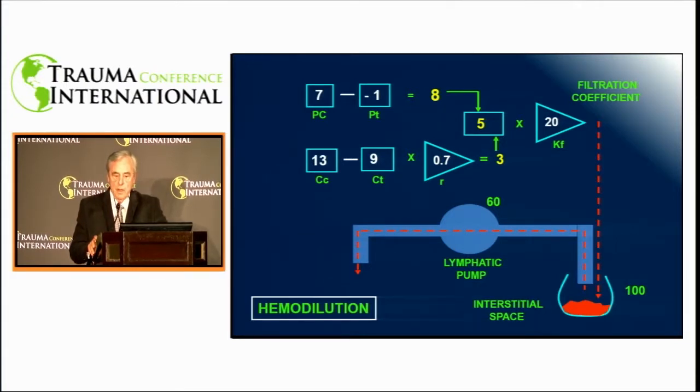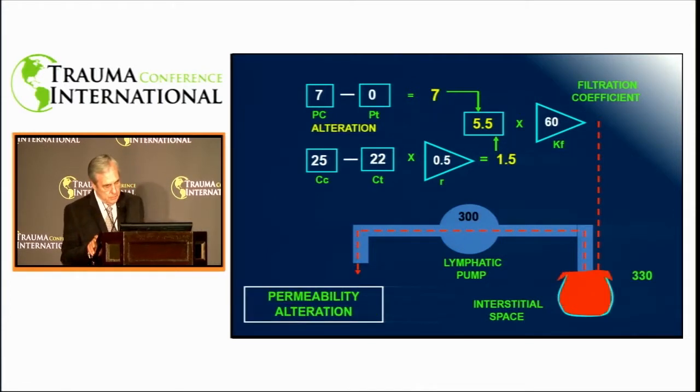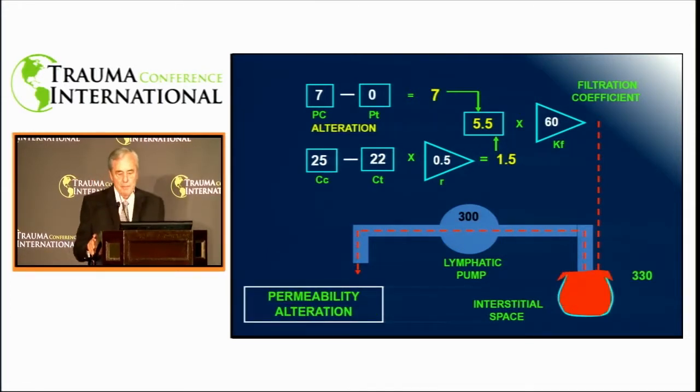And the result is that the flow of liquid to the interstitial spaces is going to increase from 60 to 100.